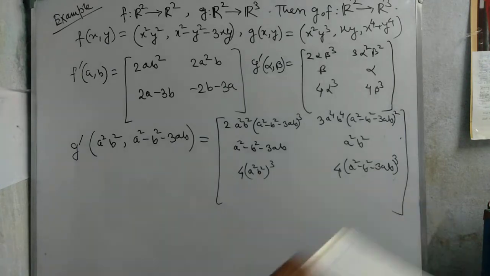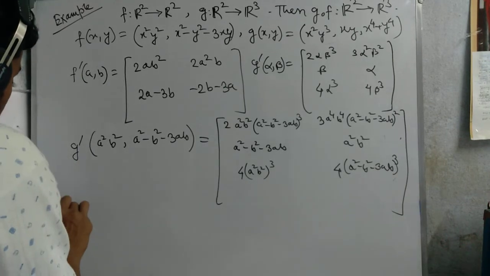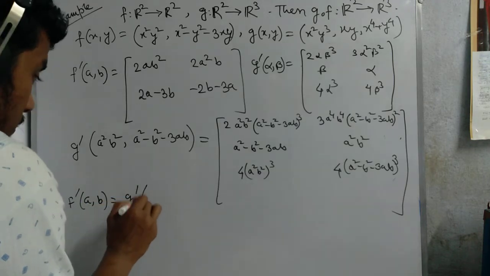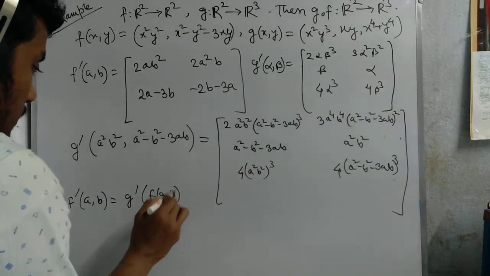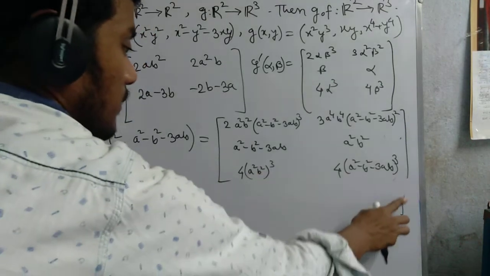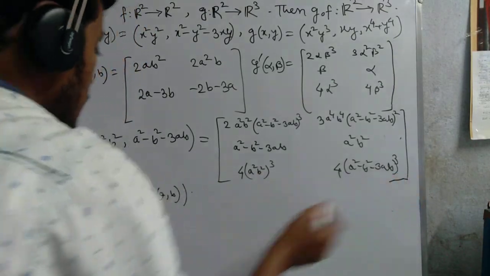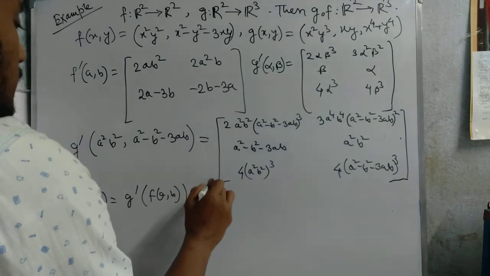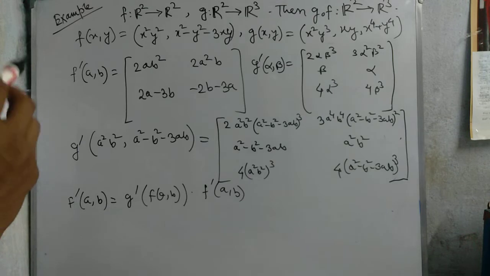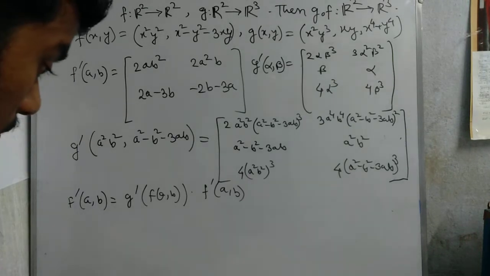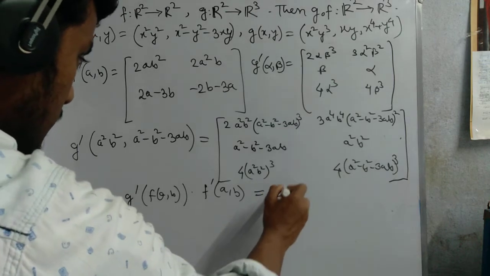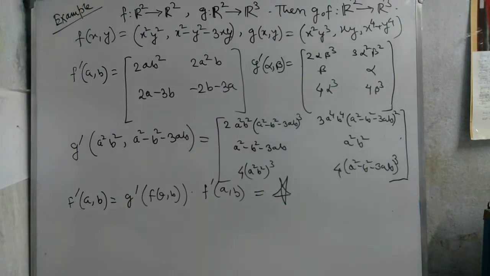Then the result is f′(a,b) = g′(f(a,b)) multiplied by f′(a,b). This one multiplied by this one gives the required result.